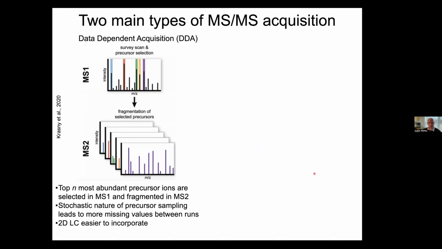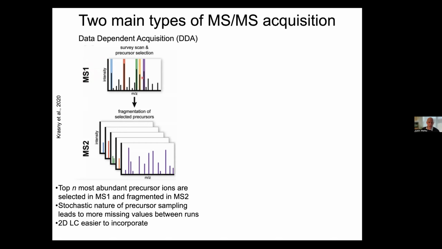And then within mass spectrometers, there are 2 main ways to acquire ions or information. The first, the classical way, is data-dependent acquisition. With this, depending on what data is present, and by data I mean what ions are present at any given time, the mass spec decides which ions to sample. So you can see here in this MS1, this would be an ionized intact peptide.